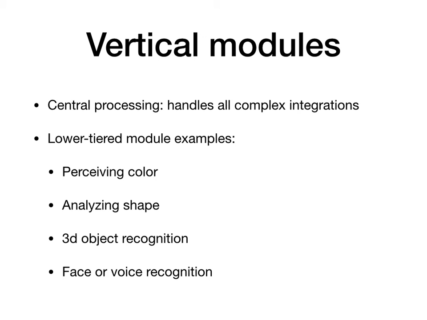Scaling up, edges might become surfaces. Surfaces might become 3D proto-objects, right? And then you keep scaling up all the way until you get to something like a very fixed face recognizer, which we have. The fusiform face area in your brain is a region that will typically light up brightly for faces and not for other things.